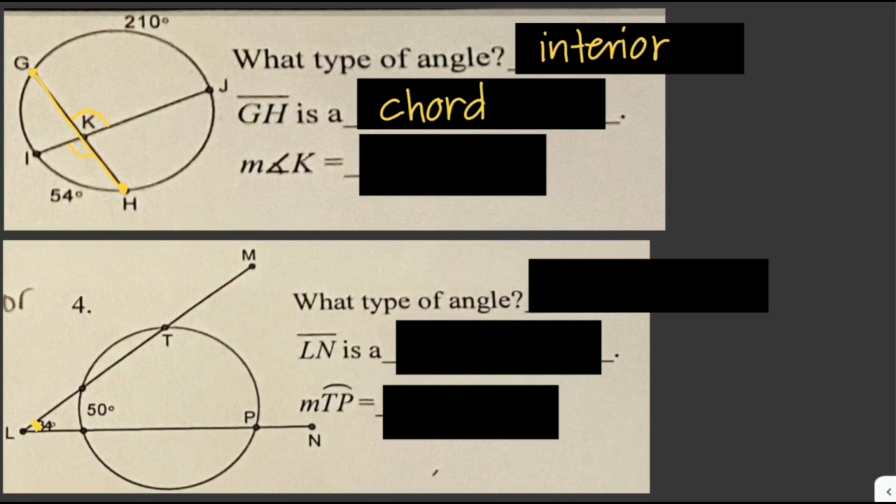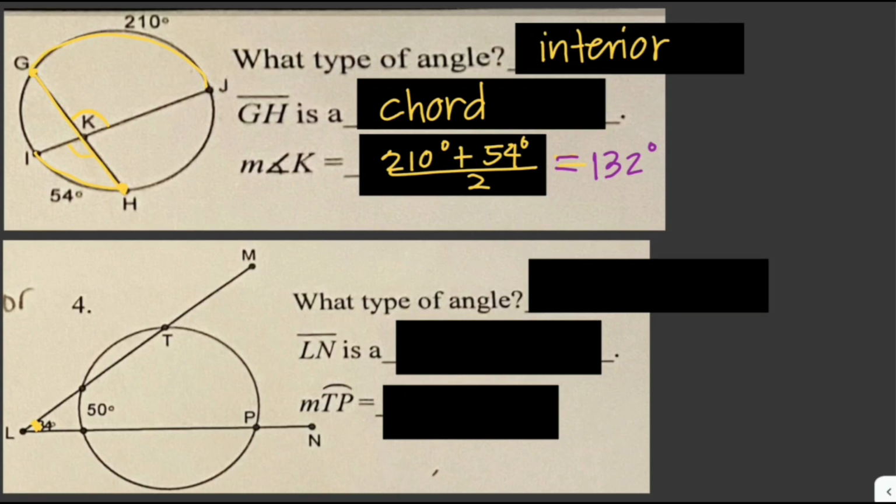And then the measure of angle K here is just the sum of the major arc and the minor arc divided by 2. So that is 210 degrees plus 54 degrees over 2, which is equal to 132 degrees.